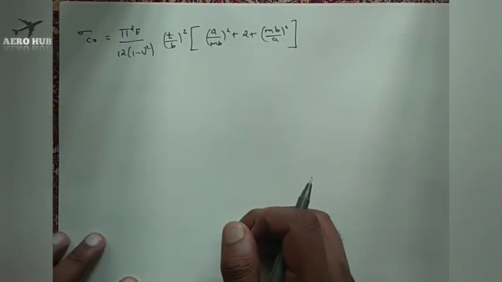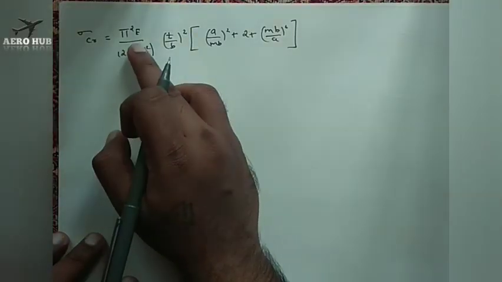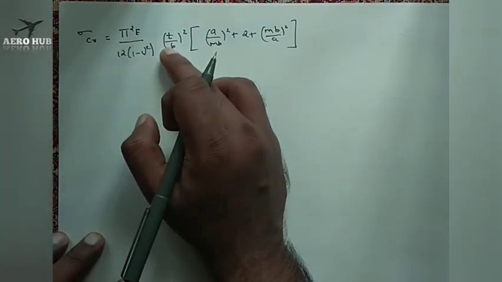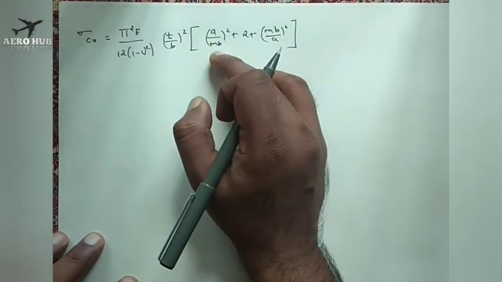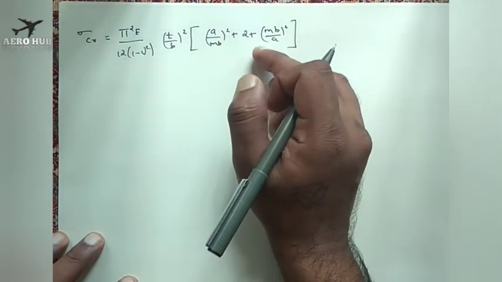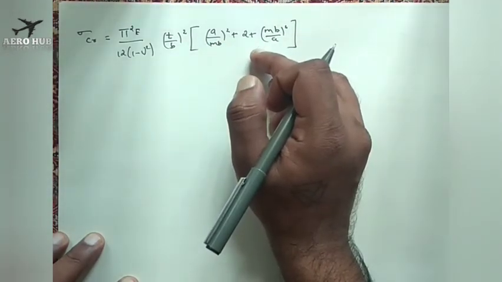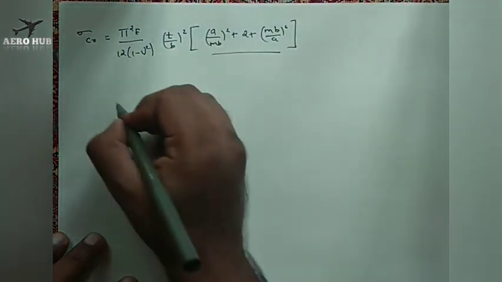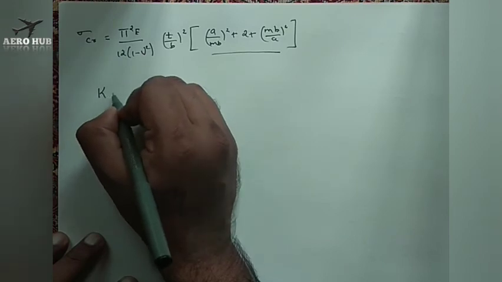So I got the value of sigma critical as pi square into E divided by 12 into 1 minus mu square, into (t by b)^2, into (a by mb)^2 plus 2 plus (mb by a)^2. Okay, now this term is called the buckling coefficient k.